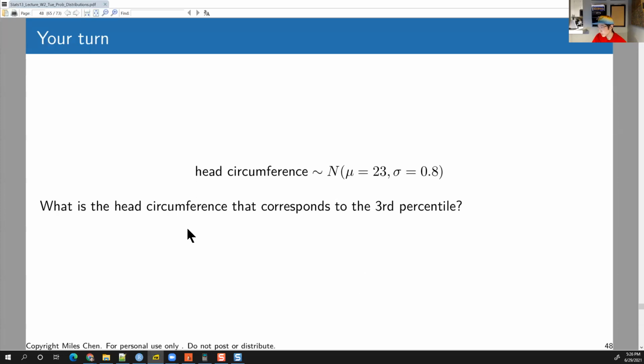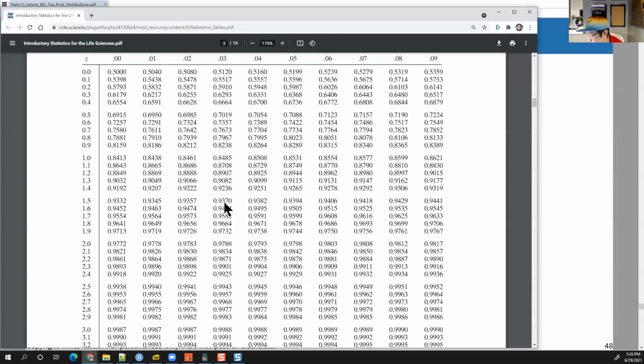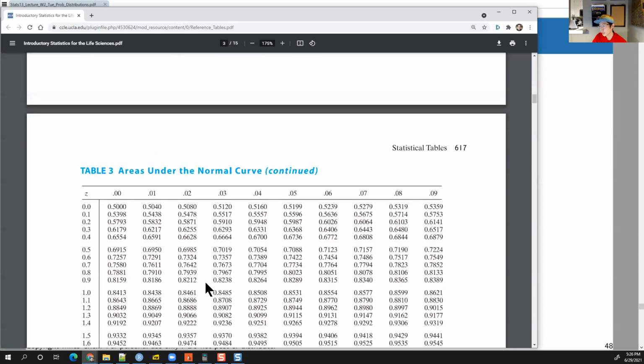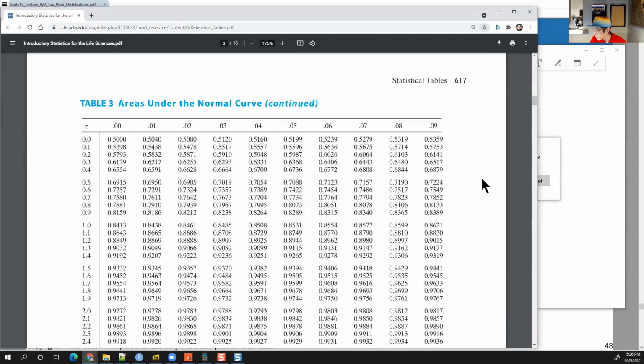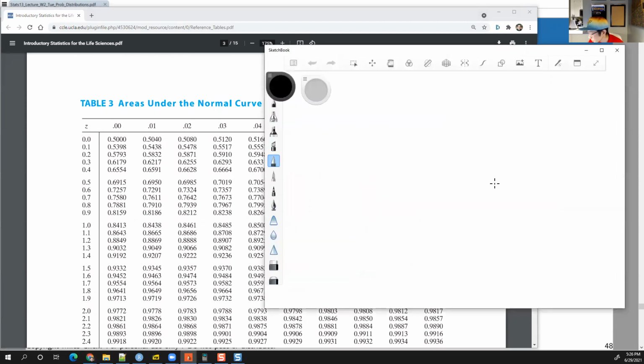All right, so what is the head circumference that corresponds to the third percentile? Like before, we start with our table, and we have to find the z that gives me the third percentile. So we're looking for the z that gives an area to the left of 0.03. Let me draw a picture.